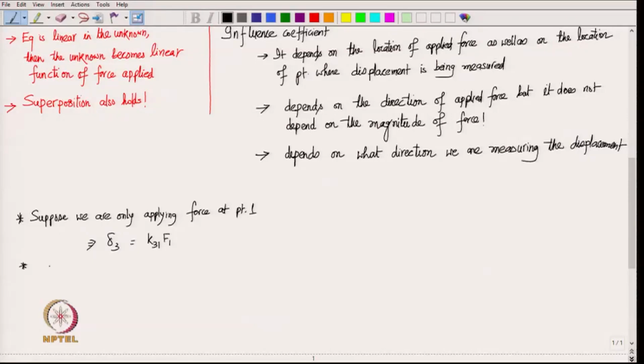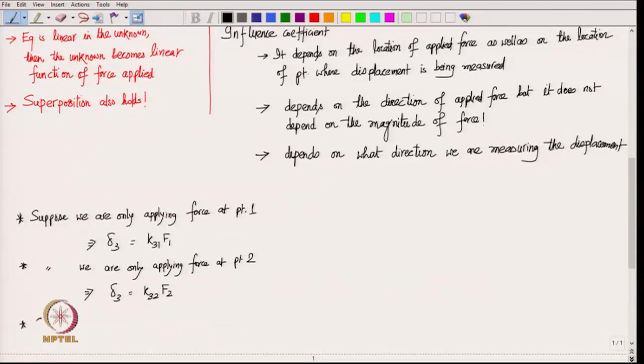In the next case, suppose we are only applying force at point 2, then in that case delta 3 is equal to k 32 into f 2, correct.